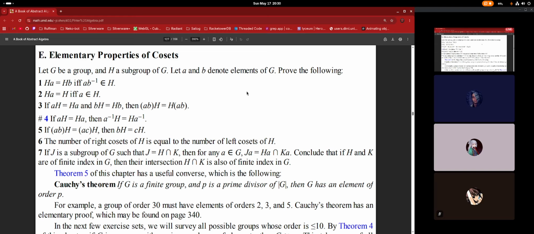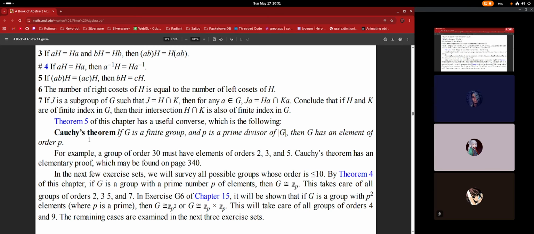Okay. So Theorem 5, which is the other way around, a useful converse. How do you pronounce this name? Cauchy's? Cauchy, I think.